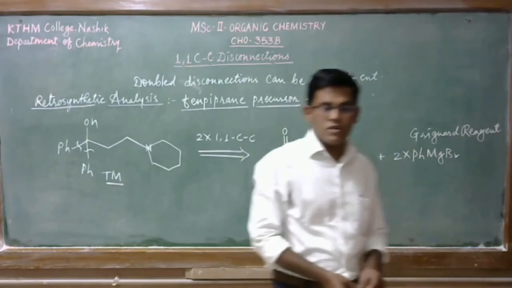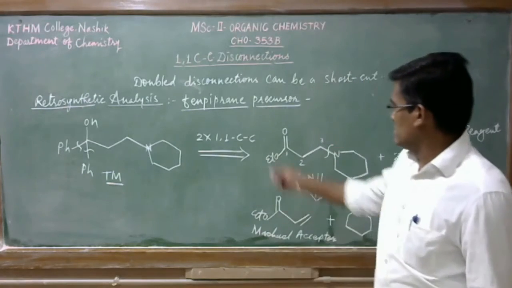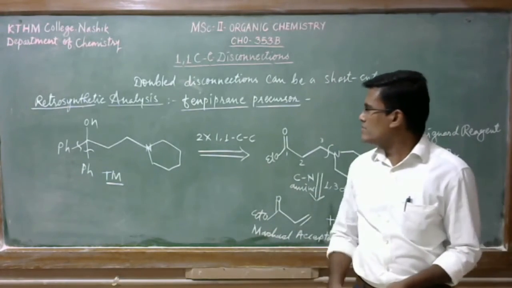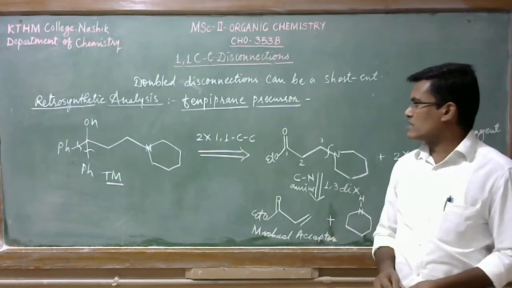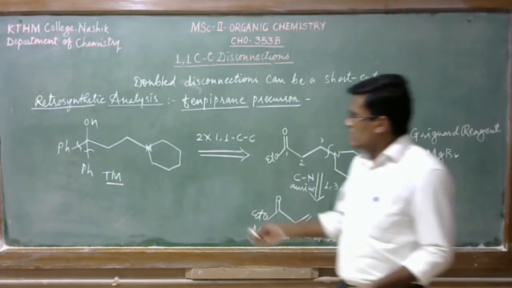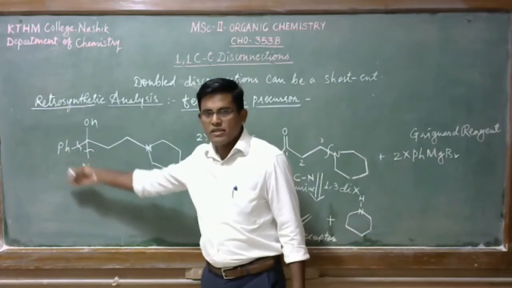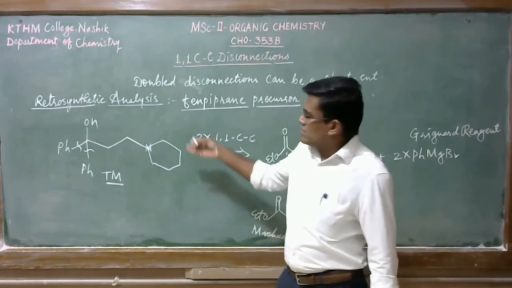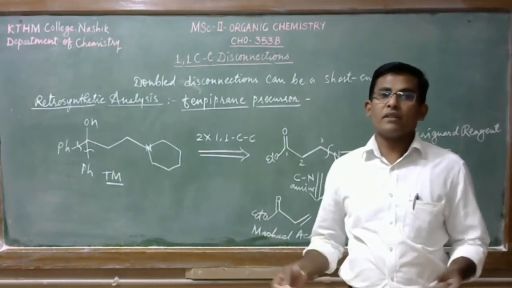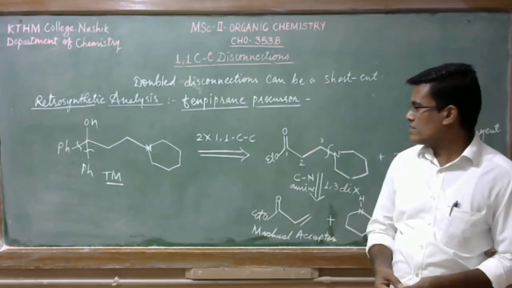In this way we can do the retrosynthetic analysis for this precursor. When you look at this molecule, you will observe the presence of a tertiary alcohol having two similar groups.